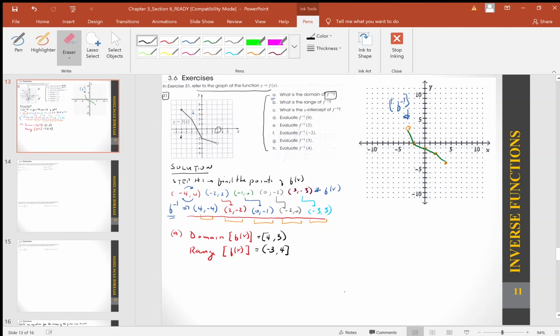Okay, so we're done. Now, just remember that this is for f of x. When you want to find the domain of the inverse function, they typically just swap. The range of f of x now becomes the domain of the inverse function, while the domain of f of x becomes the range of the inverse function.